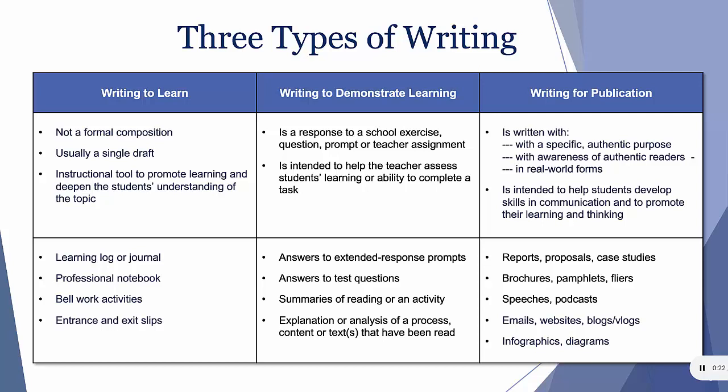It's usually just a single draft, and it's really an instructional tool to promote learning and deepen the student's understanding of the topic. Examples can include learning logs or journals that you may use in your classroom, professional notebooks, bell work activities, entrance and exit slips, those types of things.